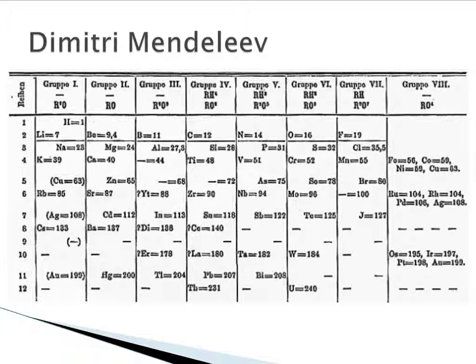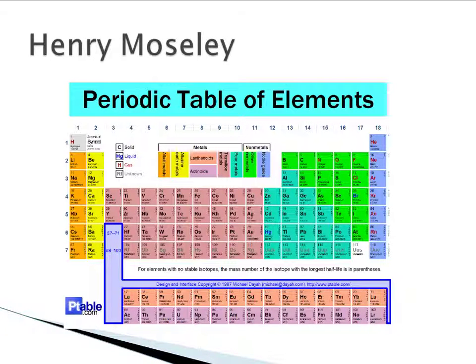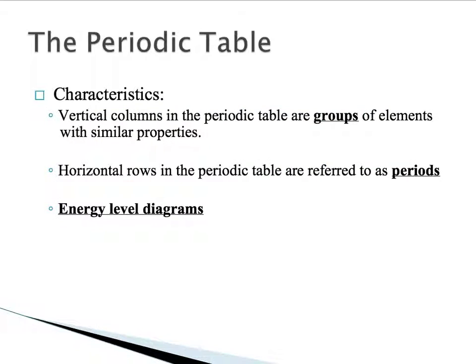Some of them are in order, like our periodic table, but some of them are not if you start to get down towards the bottom. So his is just a little bit different. And then Henry Moseley comes along and he organizes it by atomic number, and that's where we get our periodic table of today.